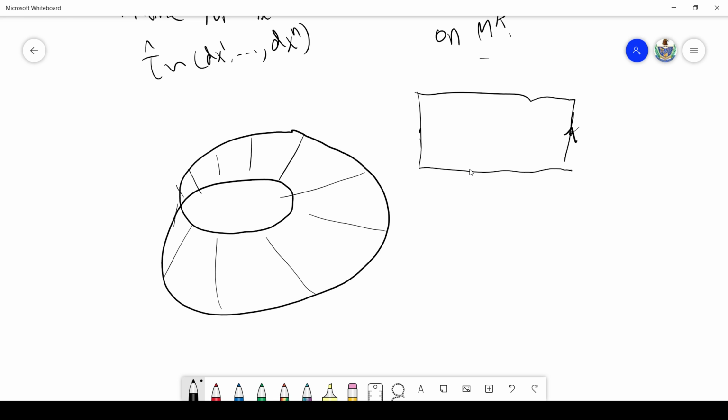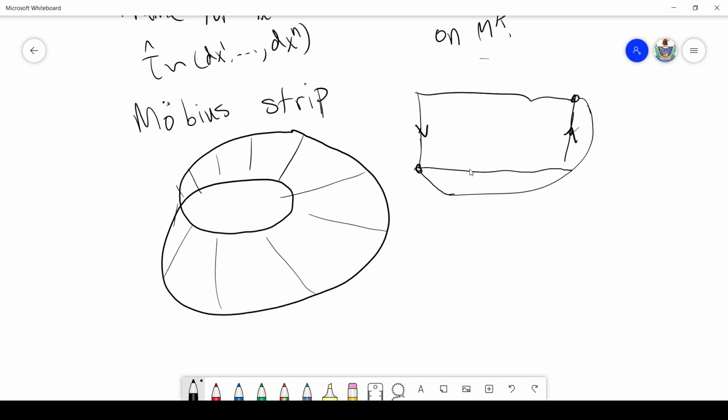If we instead applied a half twist, so that this point is being sent to this point, so we twisted it like so, then that would make a Mobius strip.